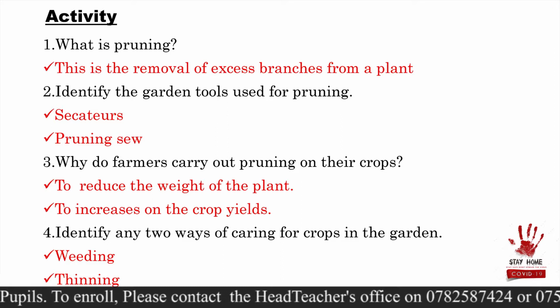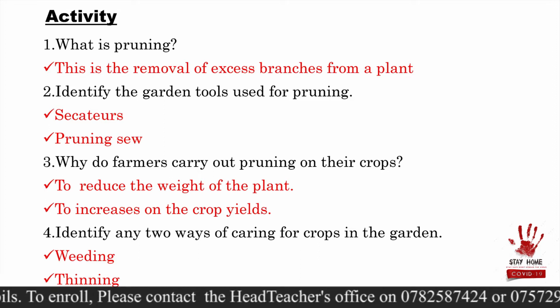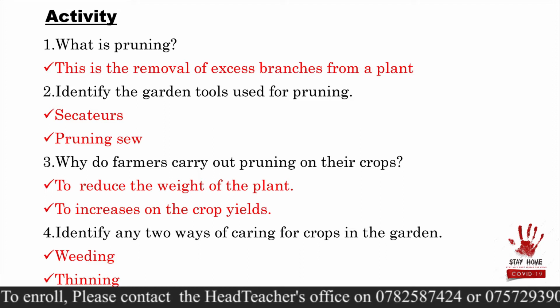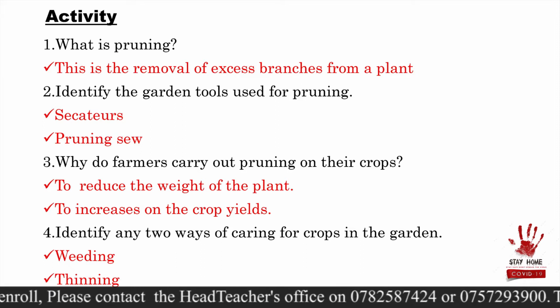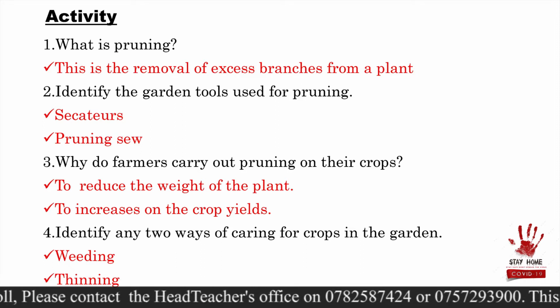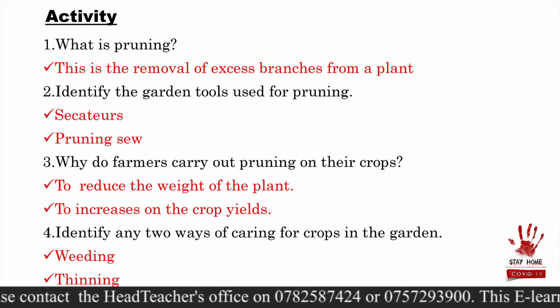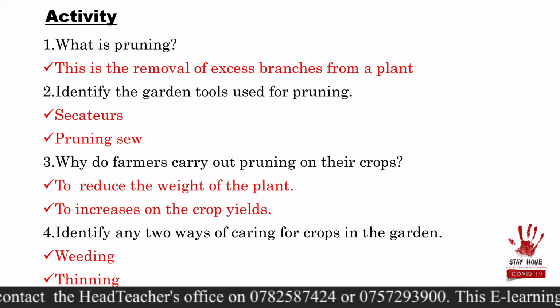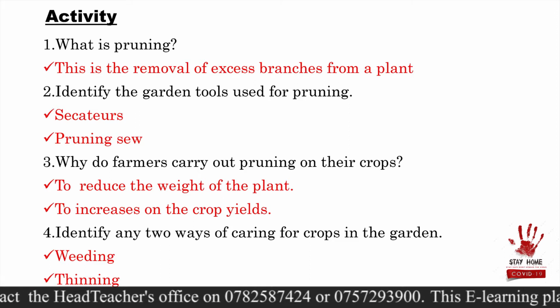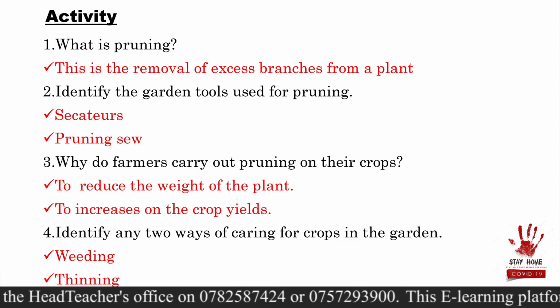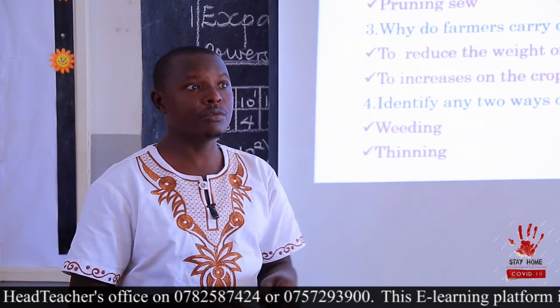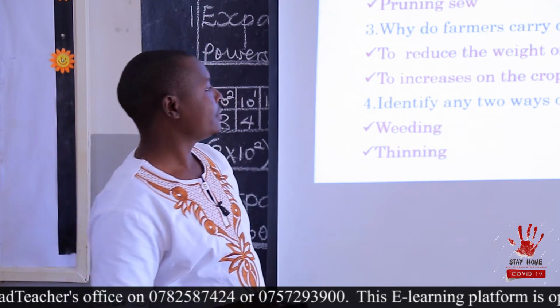Why do farmers carry out pruning on their crops? I gave you many reasons, but you can write all of them there. But for me, mine that I have chosen, to reduce the weight of a plant. Remember what we said. Then another one, to increase the crop yield of those crops that you have planted.